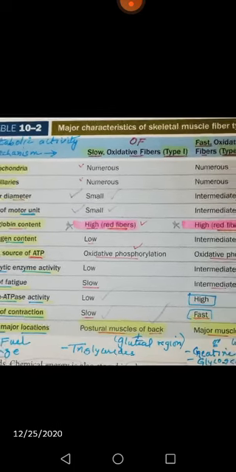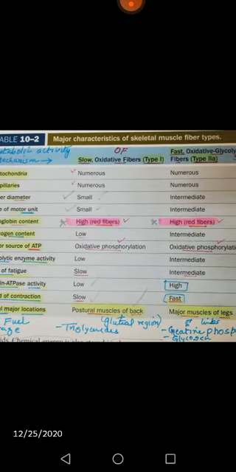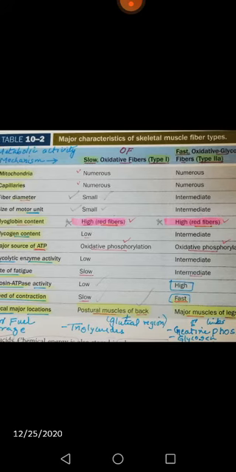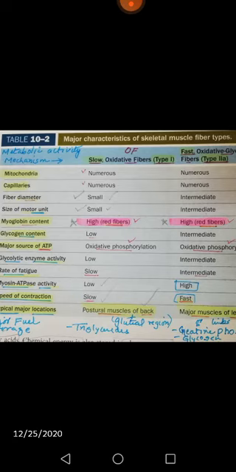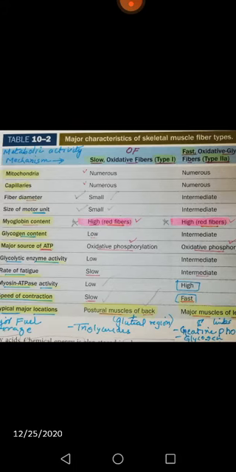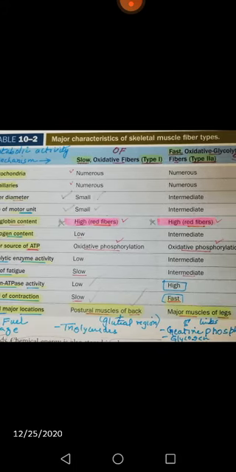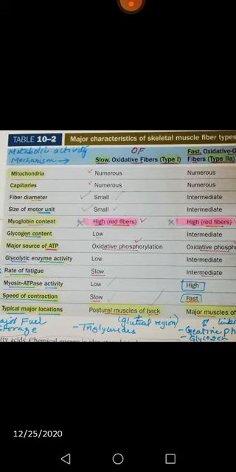Then you see type 2A here, which has intermediate qualities. They also have mitochondria and capillaries in numerous amounts, but the diameter of fibers is intermediate, and the size of the motor unit is again intermediate. Here myoglobin content is moderate to high, giving red color.